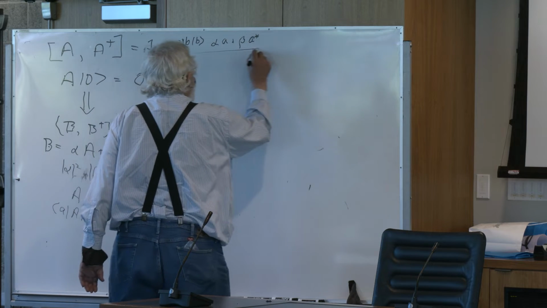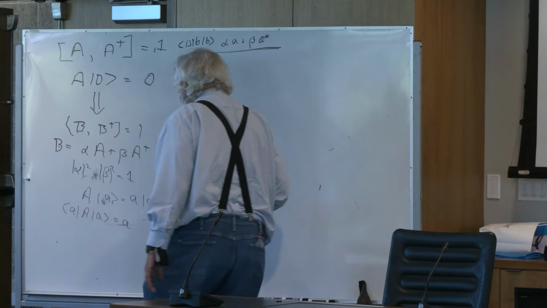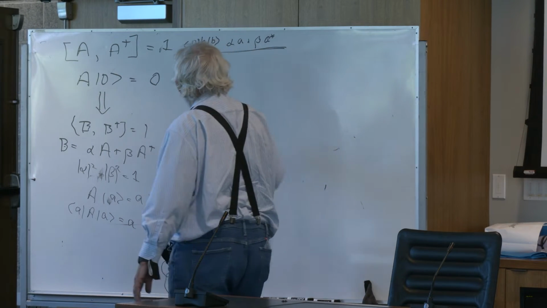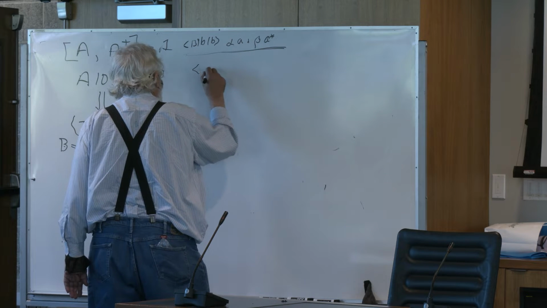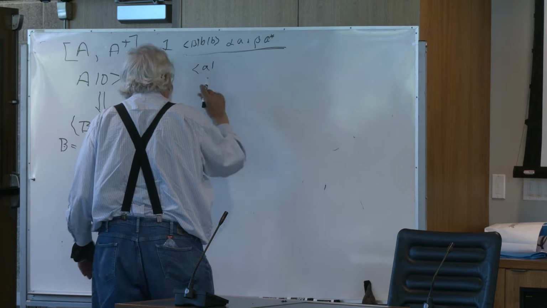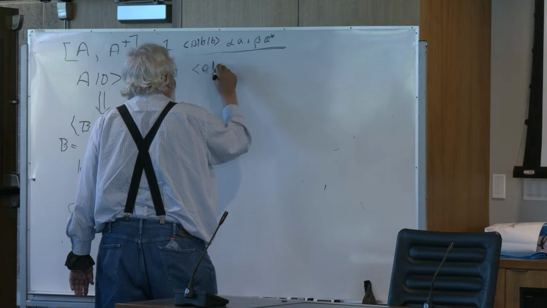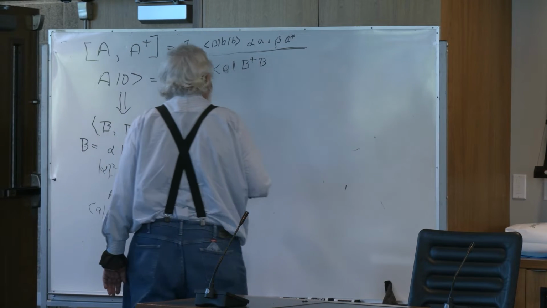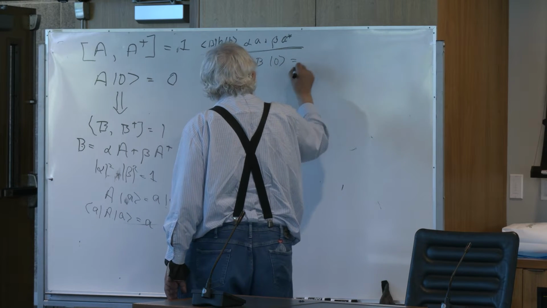This also introduces noise. In other words, if one looks at, for example, the expectation value, well, let me just put the vacuum state in here. B dagger B, which is the number of B particles in this A vacuum state.